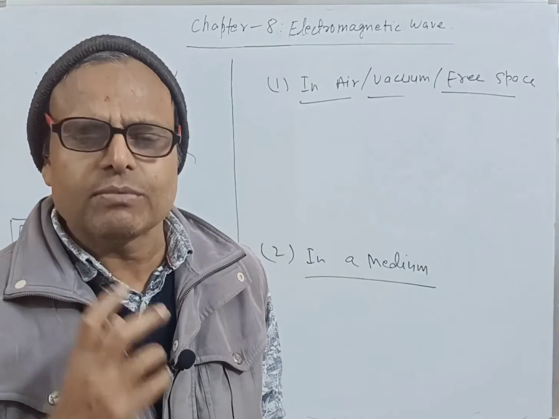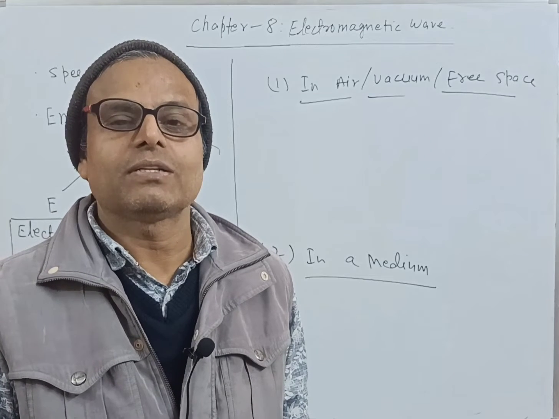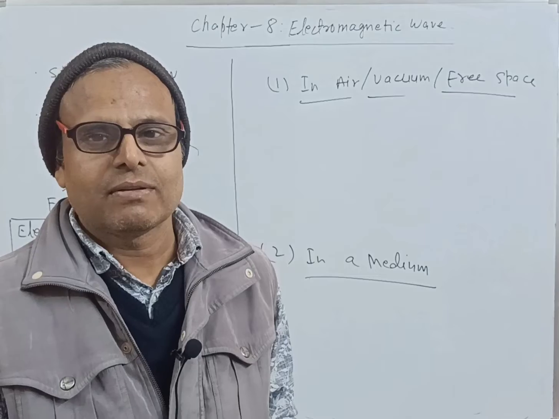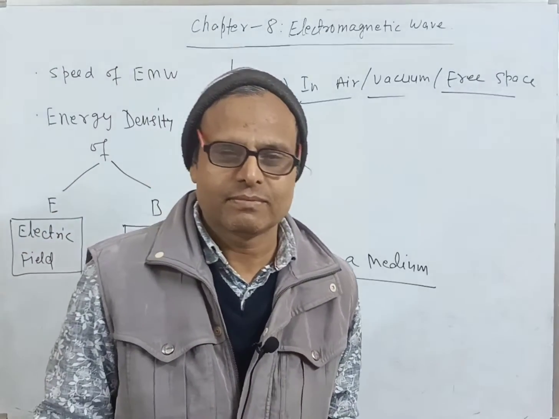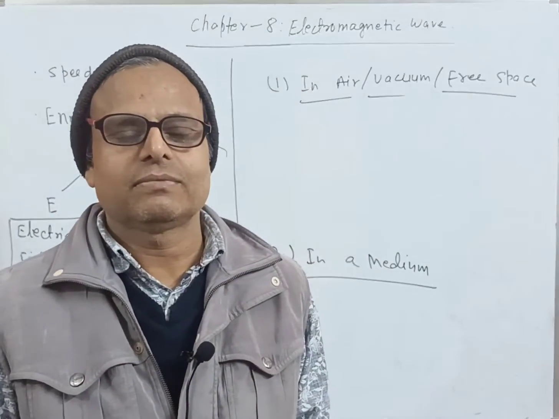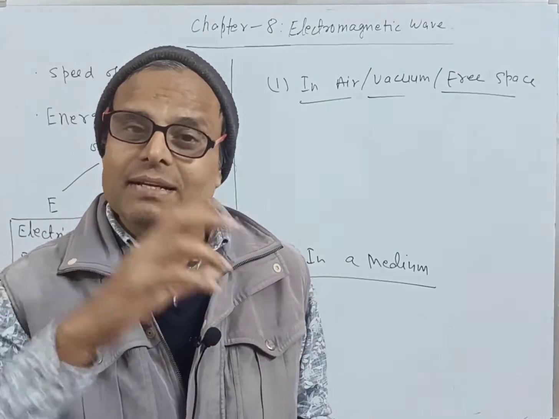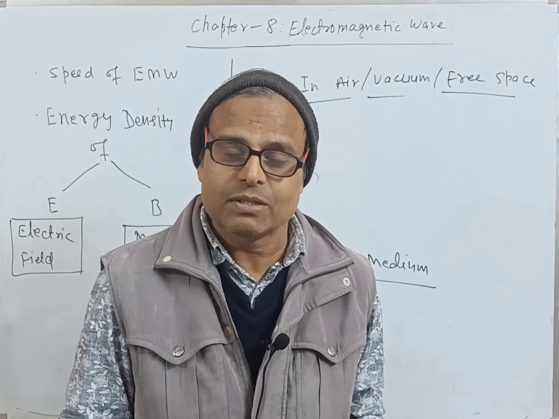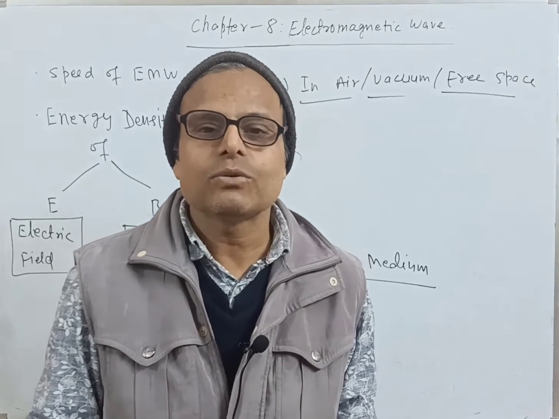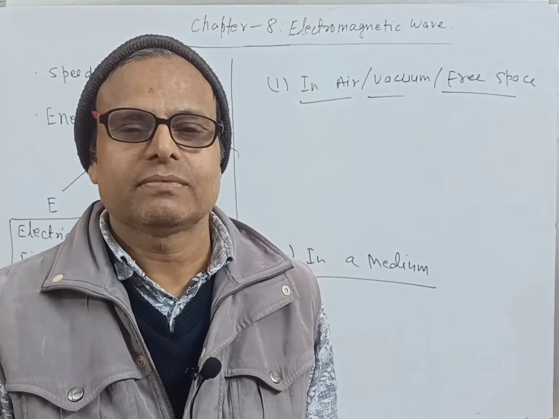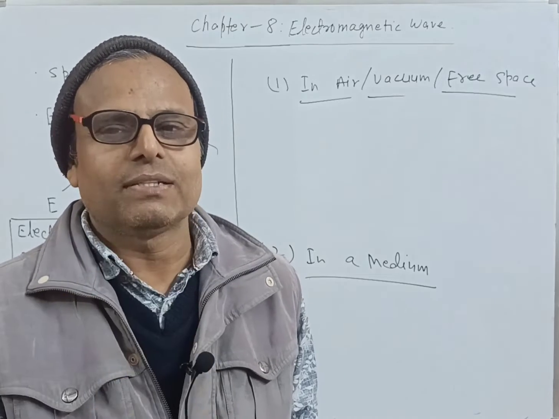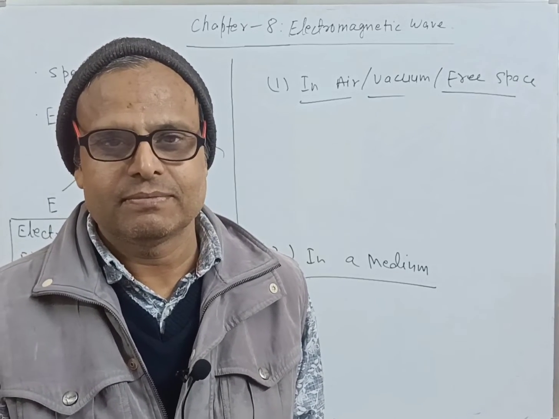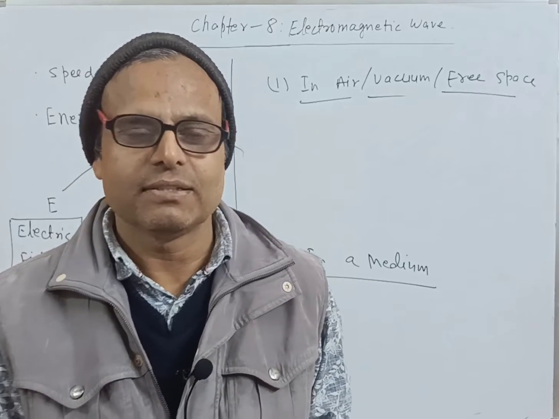The formula for the velocity of electromagnetic wave or light in a medium depends upon the electric and magnetic nature of the medium, because an electromagnetic wave has two components, electric field and magnetic field, which are perpendicular to each other.